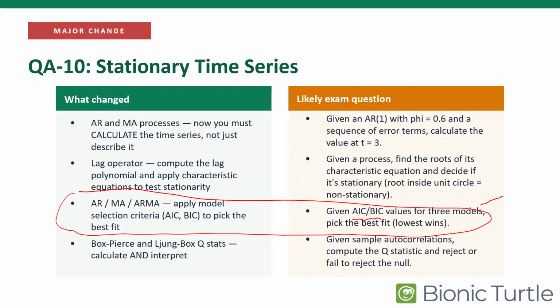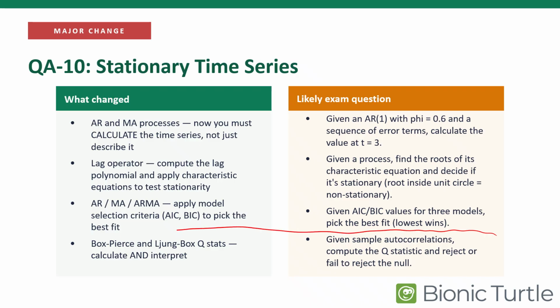Remember here that a lower information criterion is better. But also keep in mind that AIC and BIC can point in different directions, right? The BIC, the Bayesian information criterion, penalizes extra parameters more heavily and favors more parsimonious, or simpler, models.